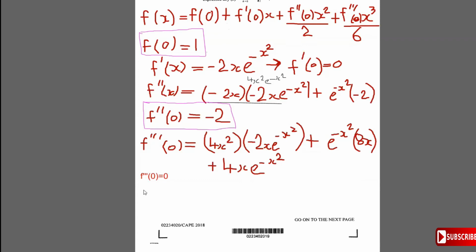And so now we can get to the fourth derivative. For the fourth derivative, we're going to have to use product rule again. This part, look at this now as minus 8x cubed. So you keep the first, which is minus 8x cubed. Keep the first, differentiate the second, which is e to the minus x squared. When you differentiate that, you get minus 2x.